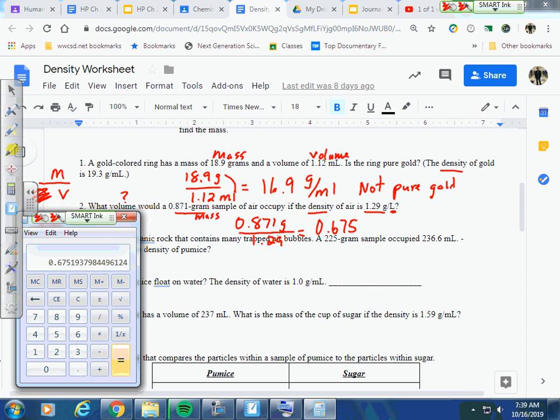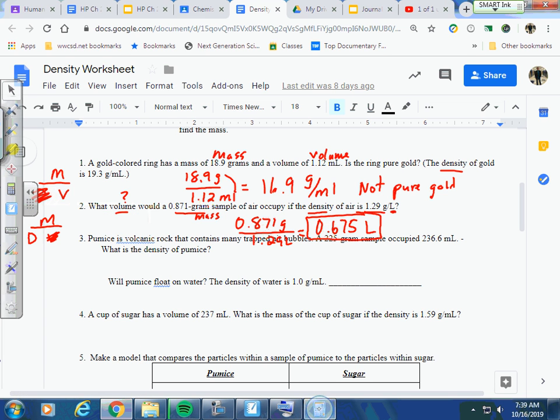And again, that unit, grams over liters, we're actually going to have a volume of liters. So that's your answer to number 2. All right. So clean some of this up.